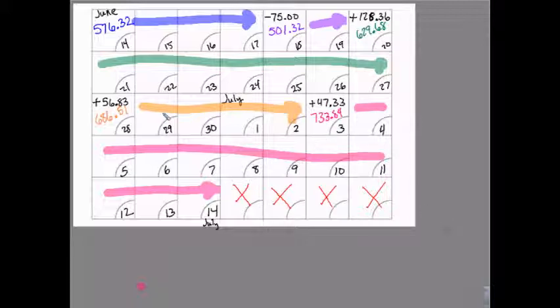So we have 4 days at 576.32. We have 2 days at 501.32. 1, 2, 3, 4, 5, 6, 7, 8 days at 629.68. 1, 2, 3, 4, 5 days at 686.51. And then 12 days at 733.84.